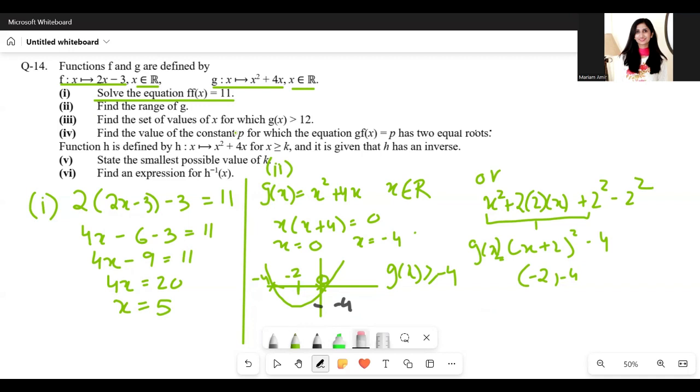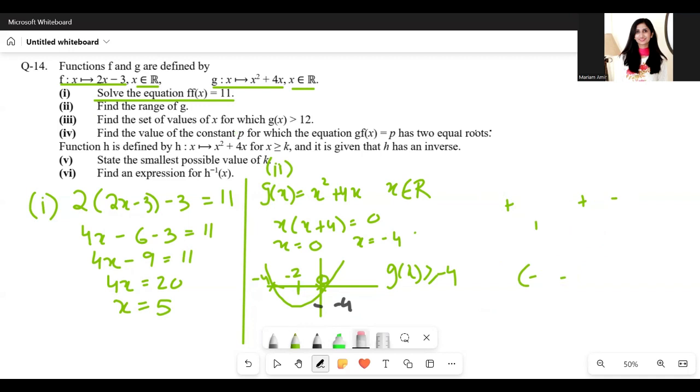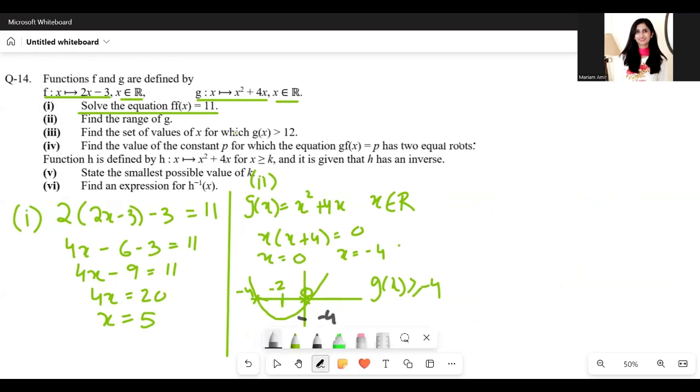Okay, moving on to part 3. Find the set of values of x for which g(x) is greater than 12. So it's an inequality question. g(x) is x² + 4x, and it is greater than 12. That means x² + 4x - 12 will be greater than 0.